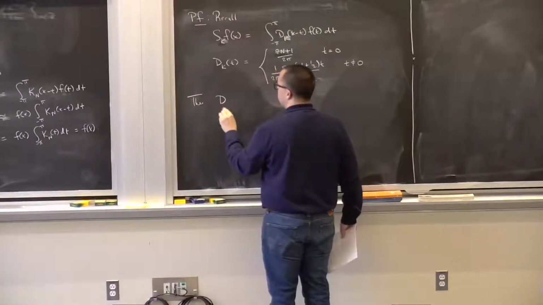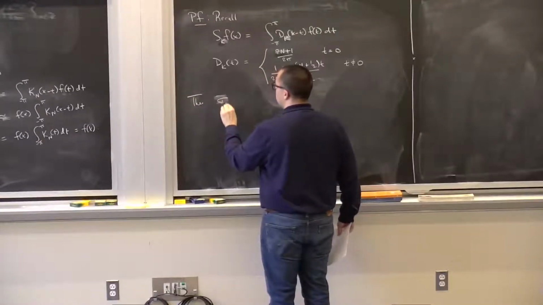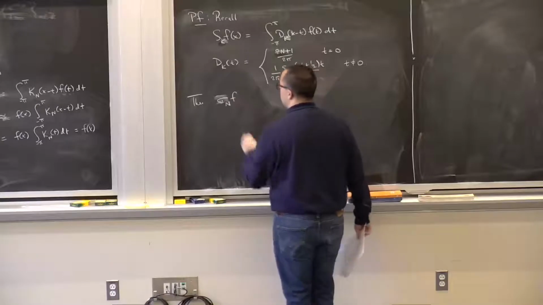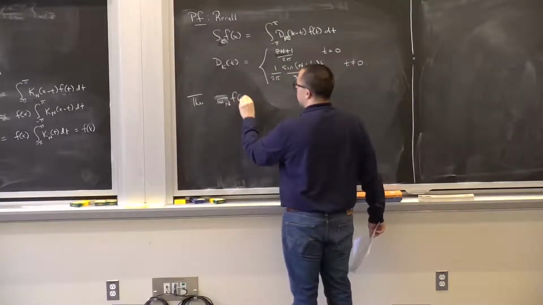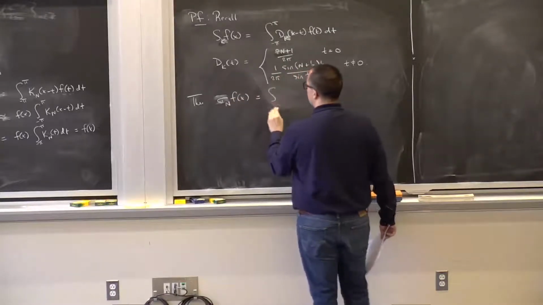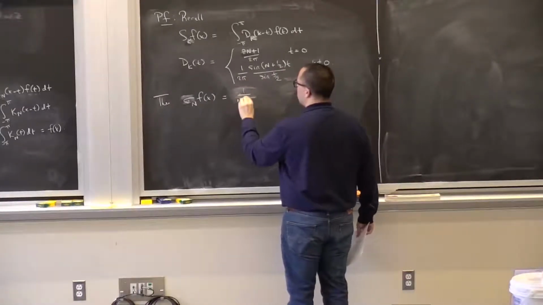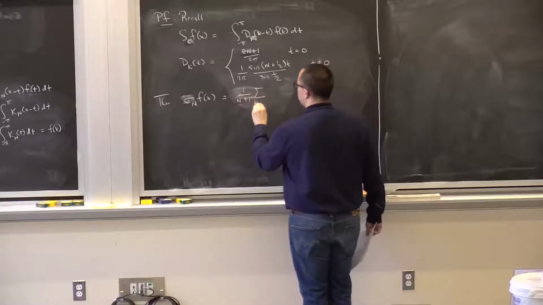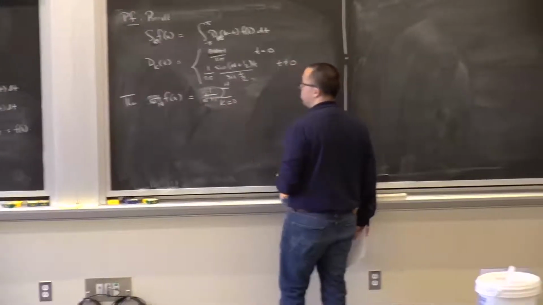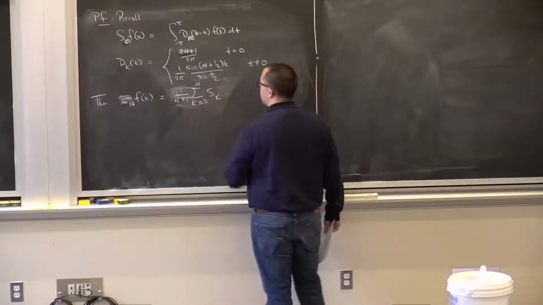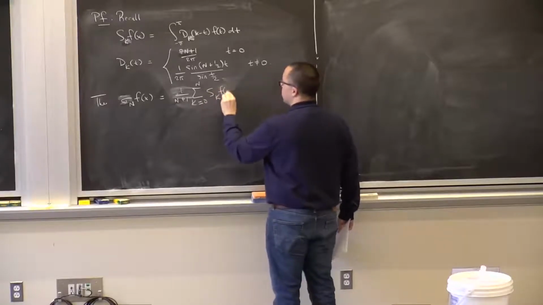So using this, we have that the Cesaro sum of x is equal to 1 over n plus 1, sum from k equals 0 to n, the mean of the first n partial sums.